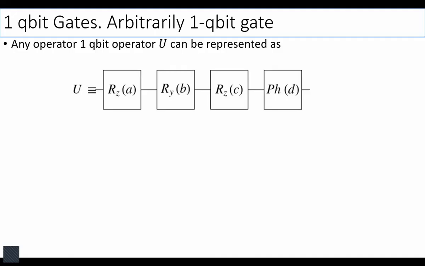We would not think a lot about how to execute this operator because we know that it can be executed in those elements. Usually when you go to any platform, say IBM, they would automatically do such a decomposition into the gates which are the best for them. So they would decompose any 1-qubit operation to the best physical implementation by themselves. Okay, thanks.